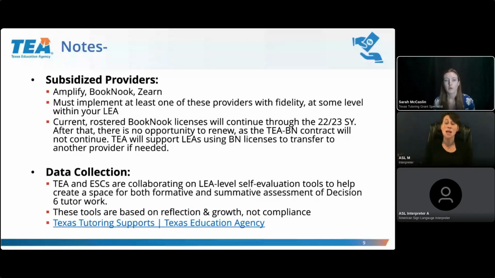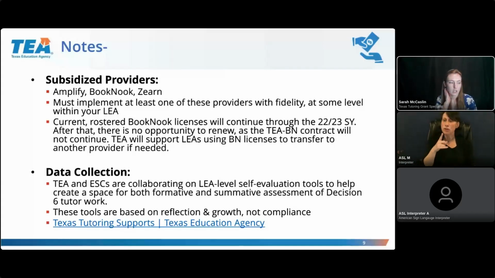And then if we're not quite there, if we're seeing that there are still a lot of challenges, a lot of barriers, then there is built in this self-evaluation tool an opportunity for you to really interact with the rubrics and the tool that's provided and look at different resources, supplemental materials, connections with the ESCs that you can utilize and integrate into your high impact tutoring implementation plans to get you moving forward and in the right direction so that we're seeing those student growth outcomes that we want to see.